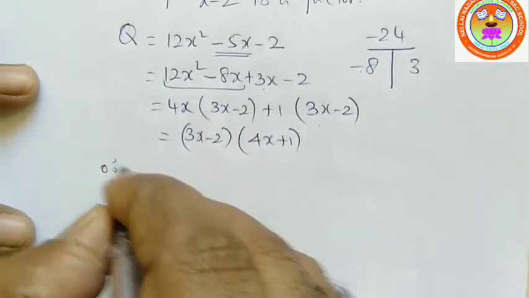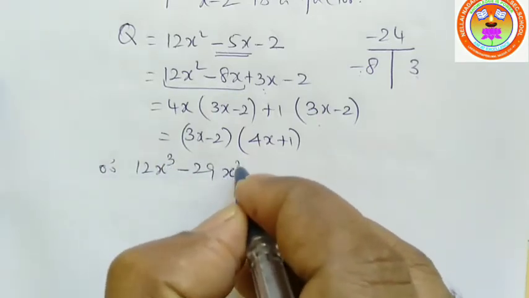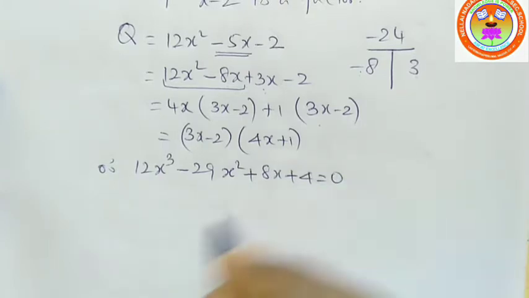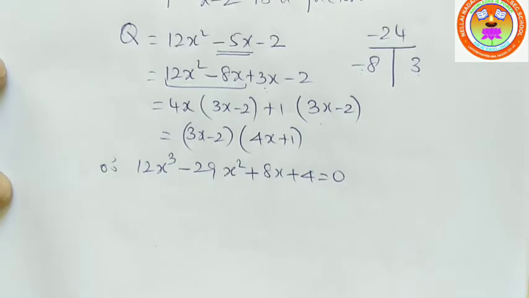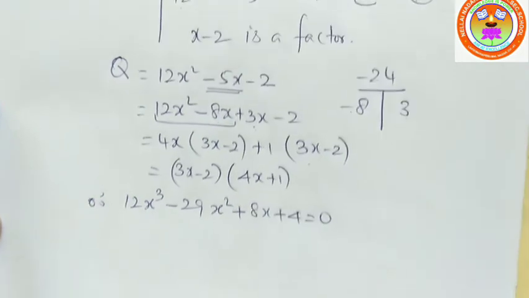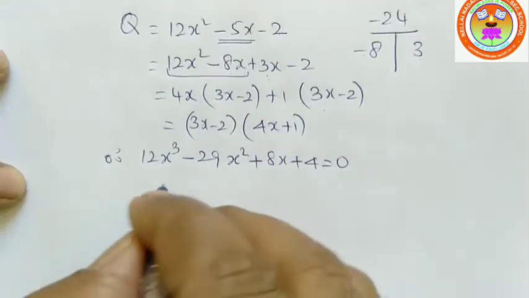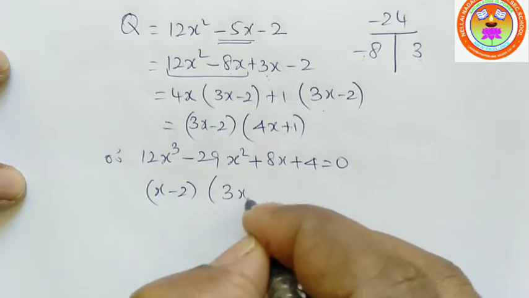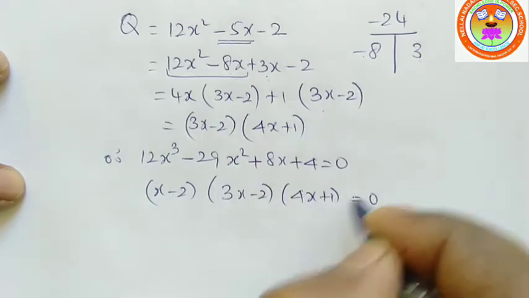Therefore, 12x cube minus 29x square plus 8x plus 4 is equal to 0. This cubic equation can be split into the product of 3 factors, that is, x minus 2 and these 2: x minus 2 into 3x minus 2 into 4x plus 1, which is equal to 0.